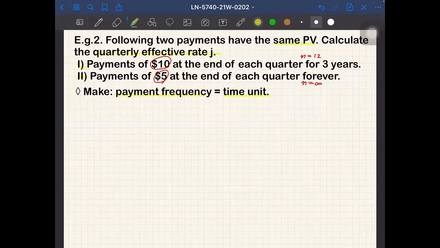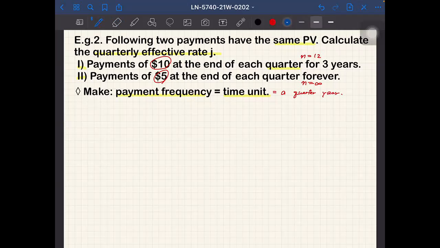The payment frequency is quarterly, so the time unit equals a quarter year. That is the best thing to do.